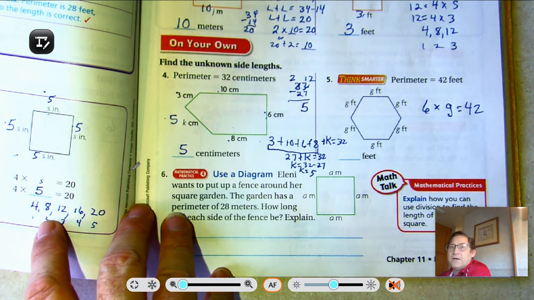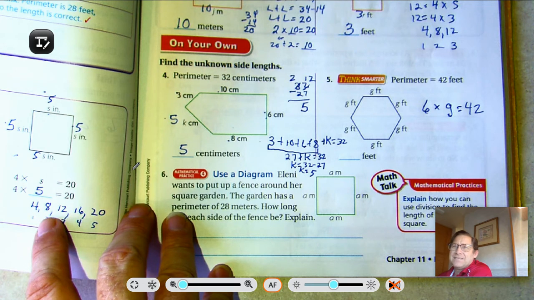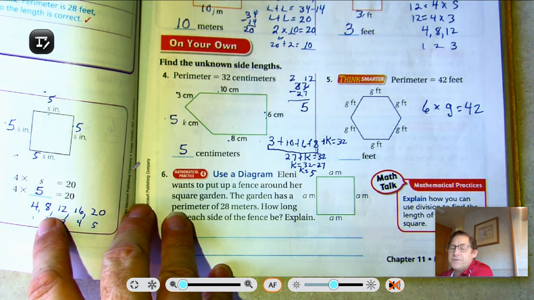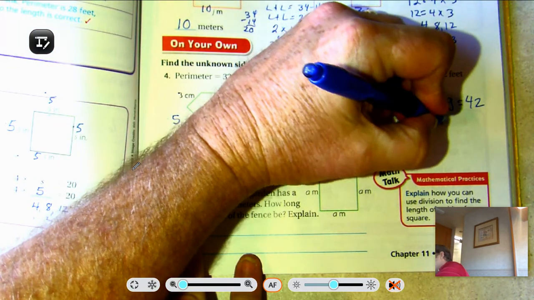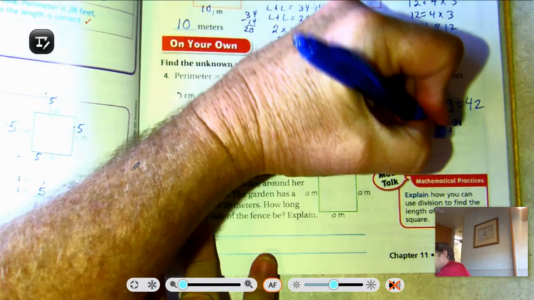So 6 times what is 42? Now I'm going to say that we should know our 6 times tables. But is there a number that, let's say, we're not certain? Well, 6 times 5, I should be able to figure out what 6 times 5 is, right? 6 times 5, 6 sets of 5 is 30. Now we can keep adding 6's.